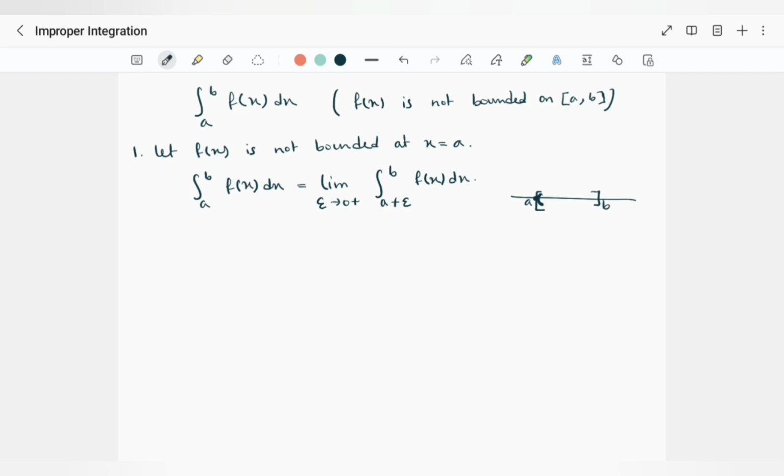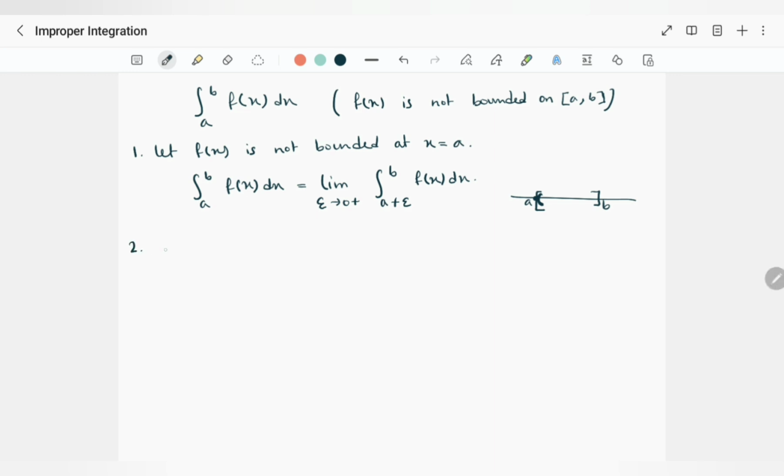So a plus epsilon is very close to a but slightly greater than a. Just because f was not bounded on the interval a to b, we are shifting the interval slightly, so that now in that interval the function is bounded. Now the interval is a plus epsilon to b, so on that interval f(x) is bounded, so we can calculate the integral and we just have to take the limiting value.